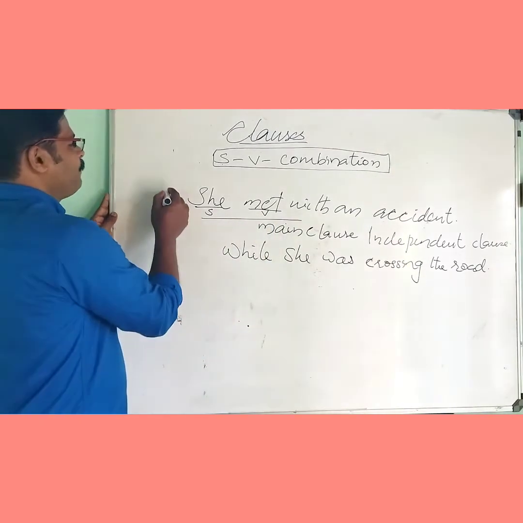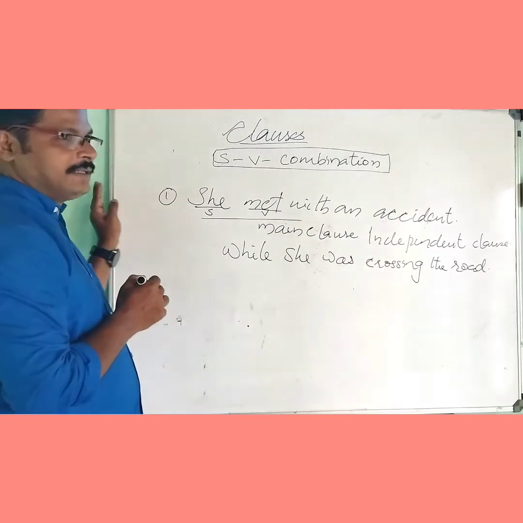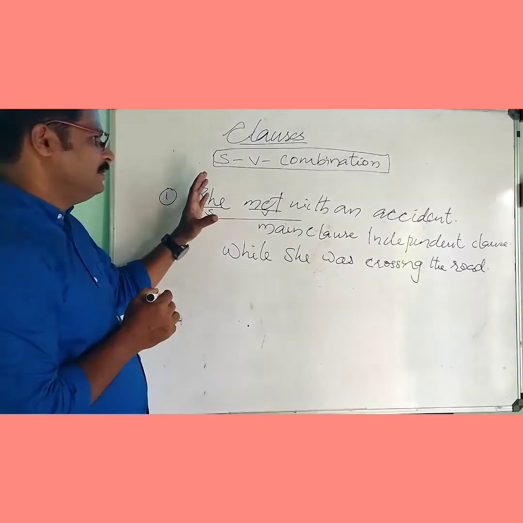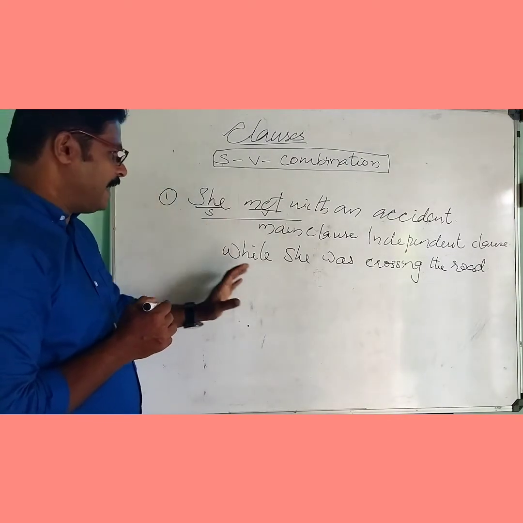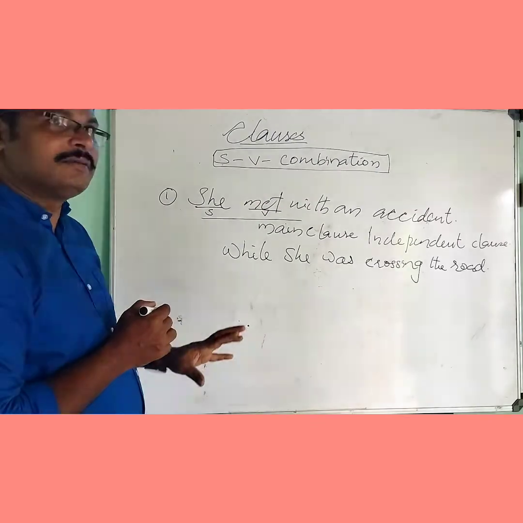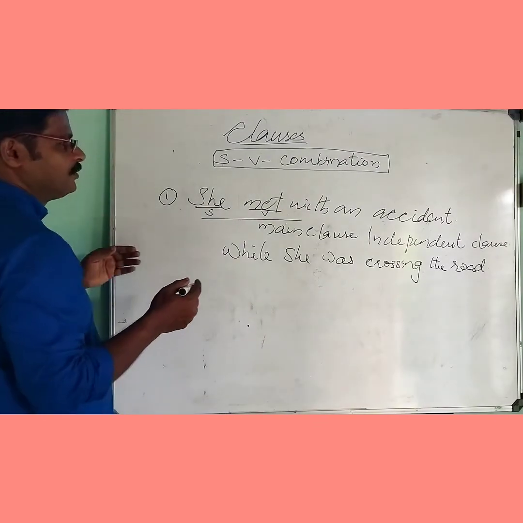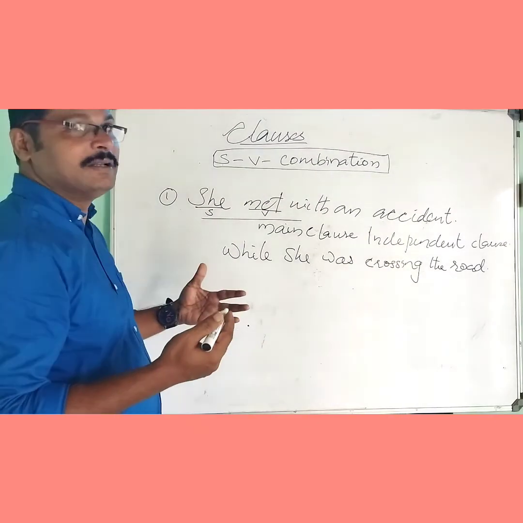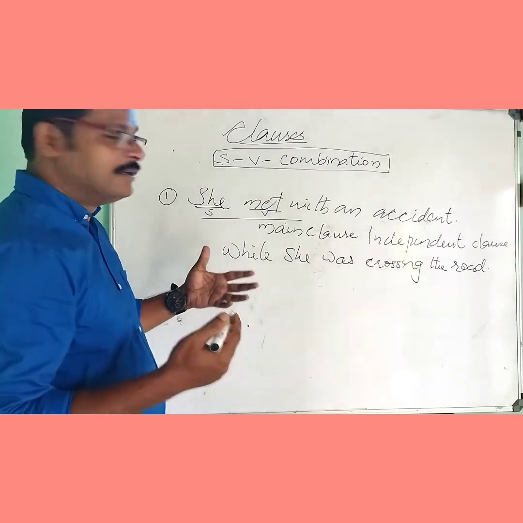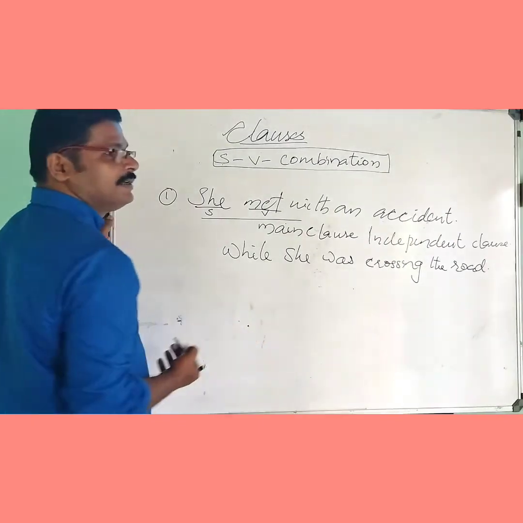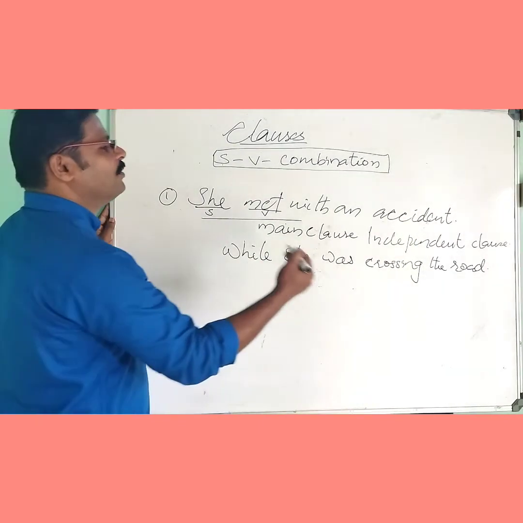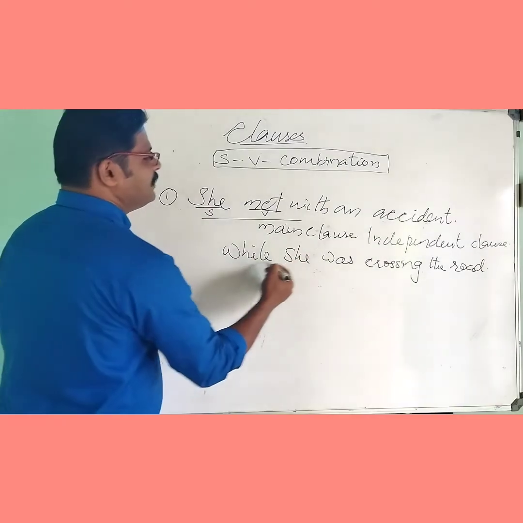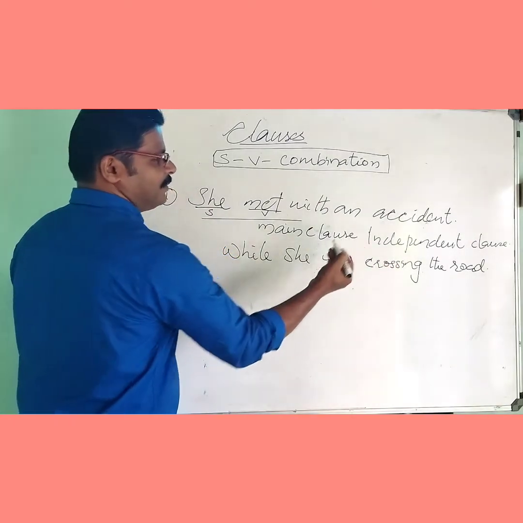So remember, she met with an accident is a complete sentence, but we can add something more to it to make it a little more meaningful. People will have a doubt about when she met with an accident. So this clause will give a little more information. While she was crossing the road, she met with an accident.